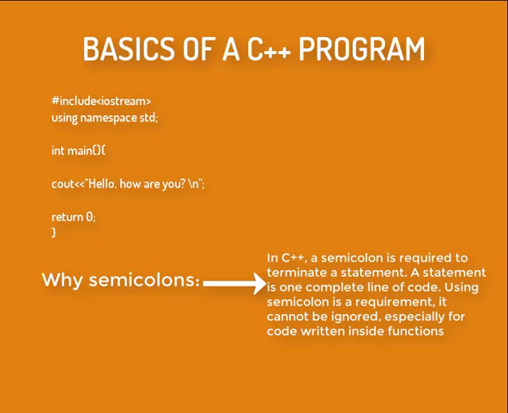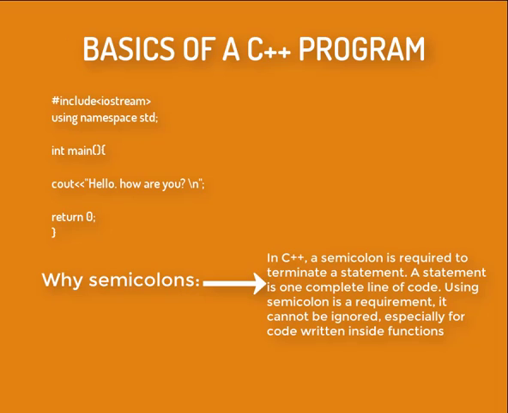But there is a confusing aspect that some lines don't need a semicolon. The very first line of this program doesn't need a semicolon, the second line needs a semicolon, int main open close parenthesis with the starting curly brace does not need a semicolon, but the lines inside the function need a semicolon. So we learn by practice in C++ which lines need semicolons and which lines don't.